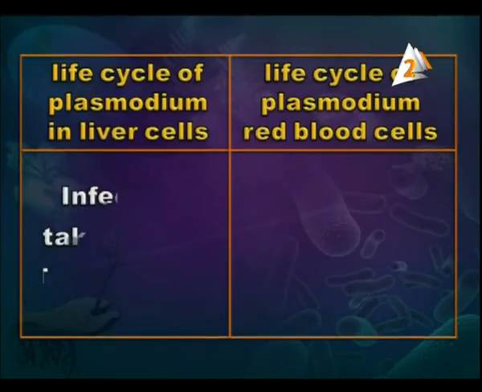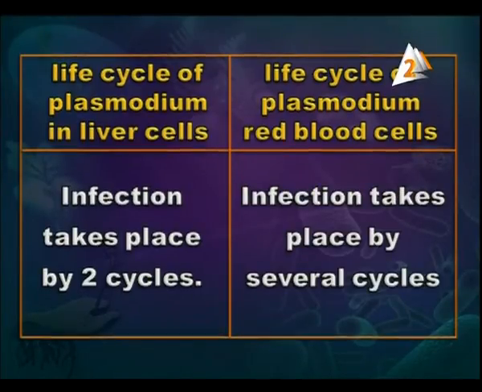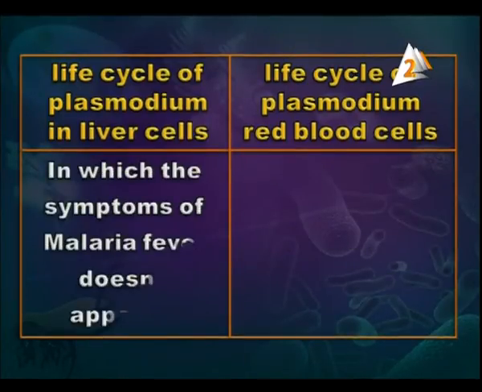Infection takes place by two cycles in the liver cells, while it takes place by several cycles in red blood cells. The two cycles here are asexual.